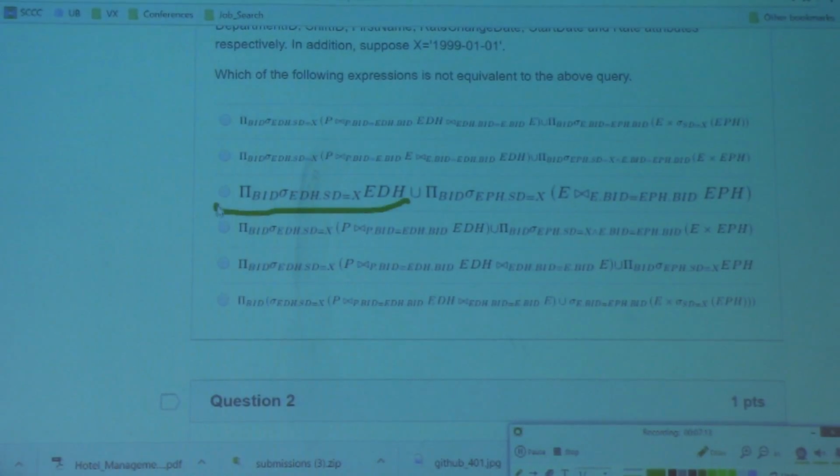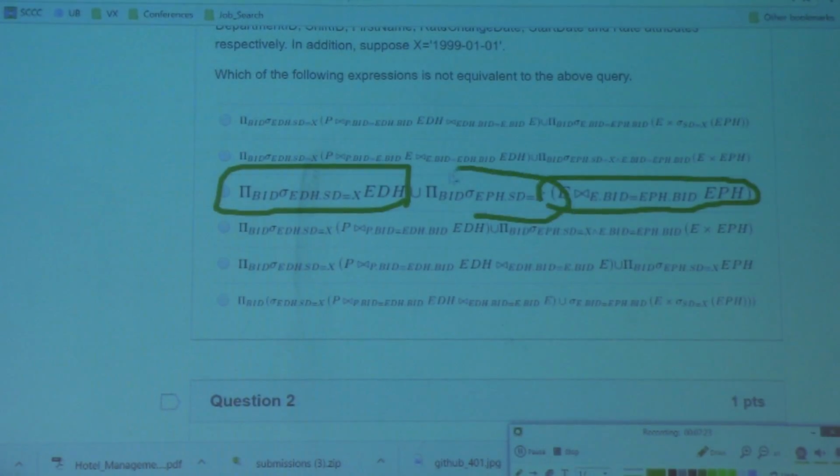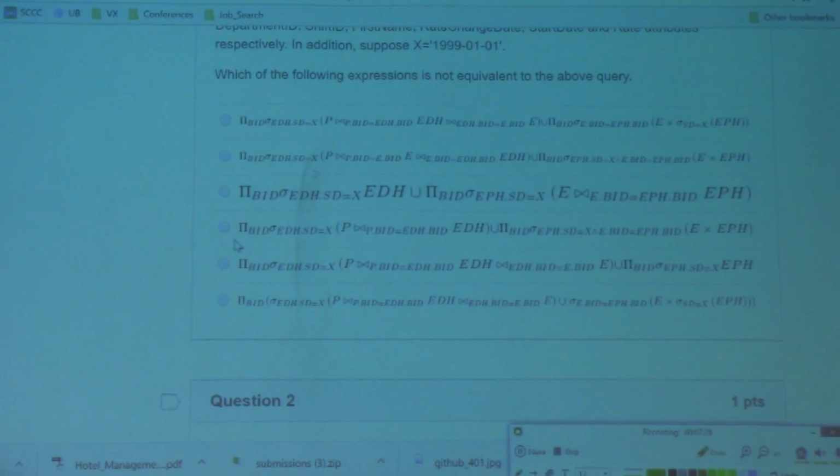This part is correct. EBID. The rest is also correct. You're doing a join, selecting the desired records, and then the union. What is the fourth one? This is also correct, right?